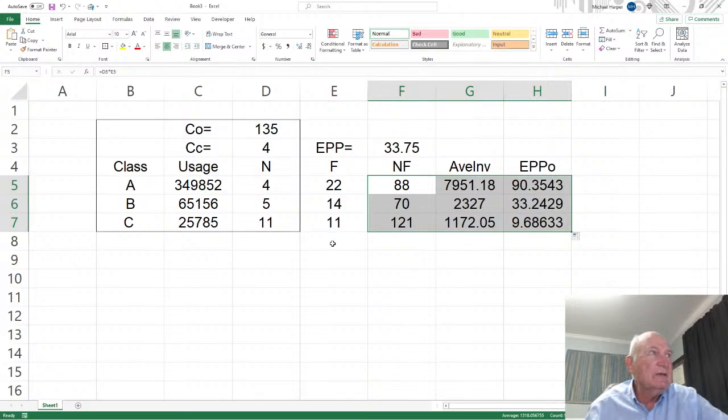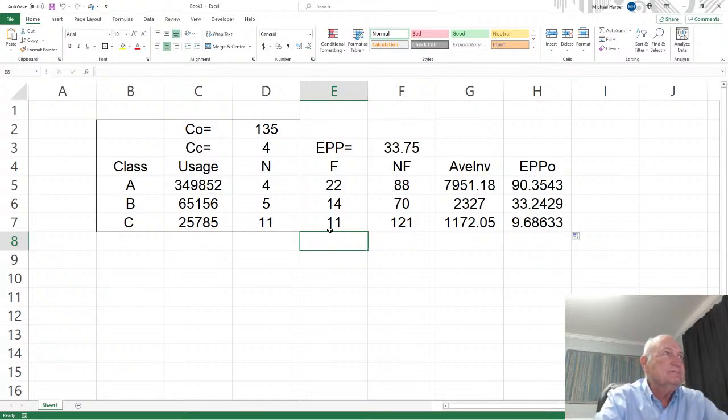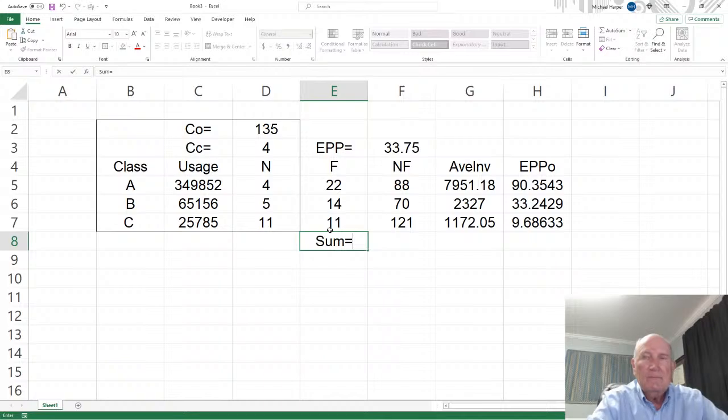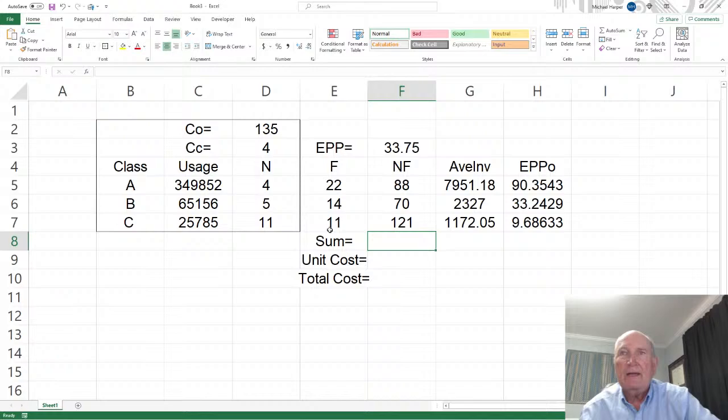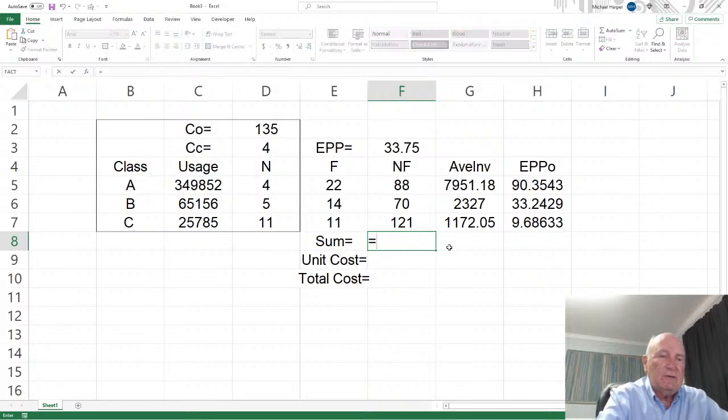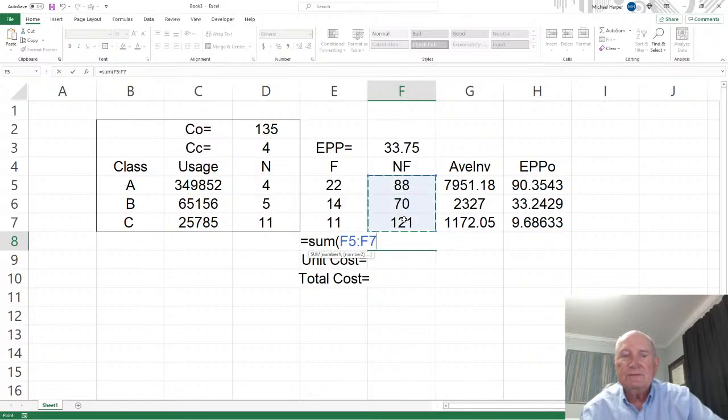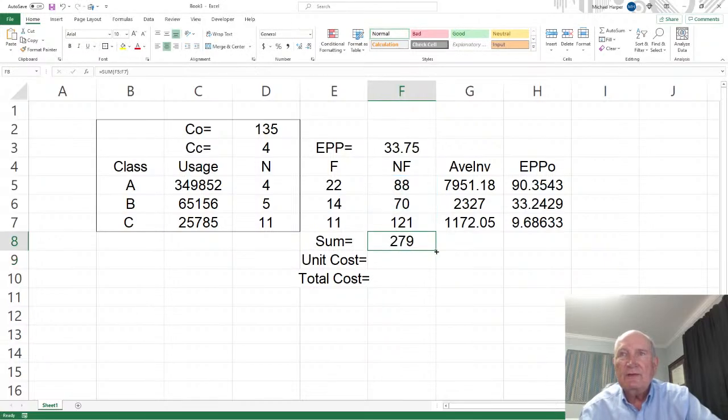Then we come down here and take the sum of these, and then we have the unit cost and then the total cost. First we take the sum of all the frequencies and all of the inventories.